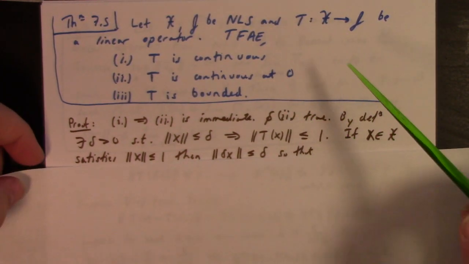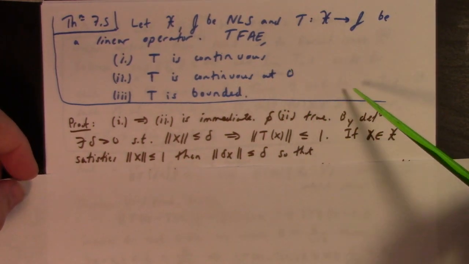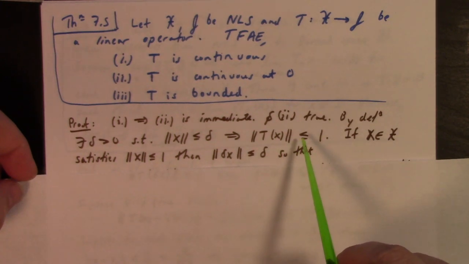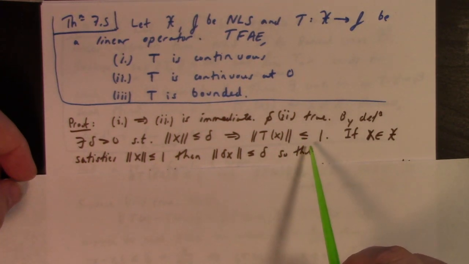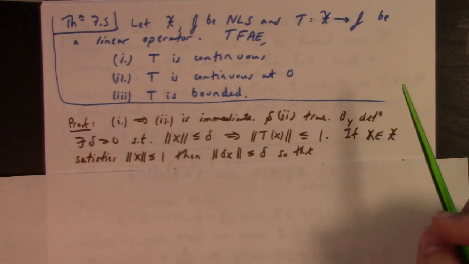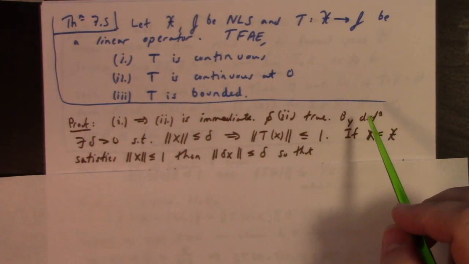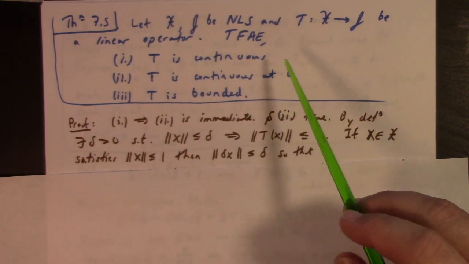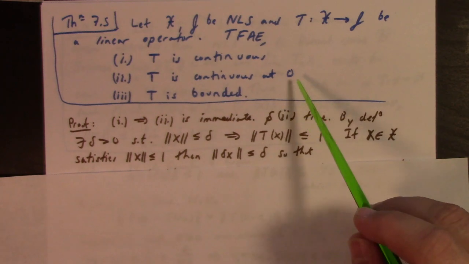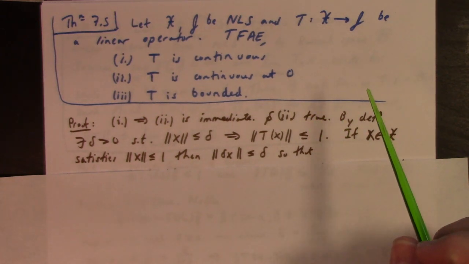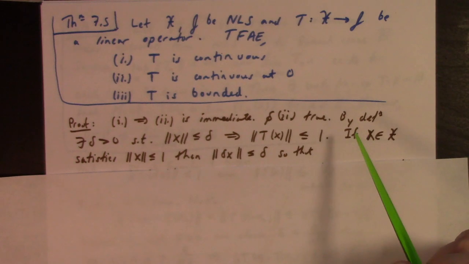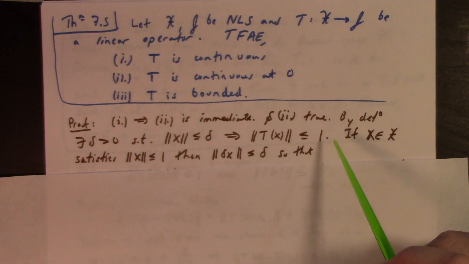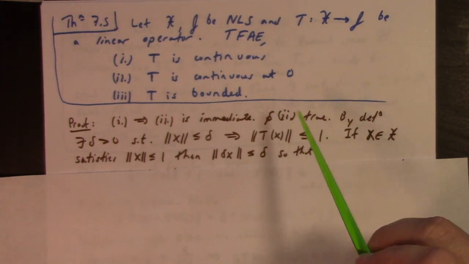If we suppose 2 is true, suppose it's continuous at 0, then by definition there exists a delta greater than 0 such that if we're within delta units of x, the output is close.